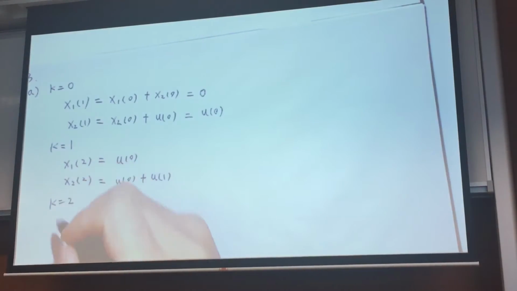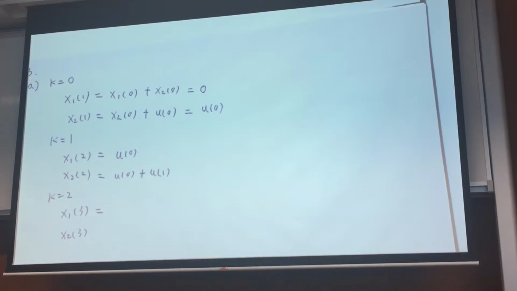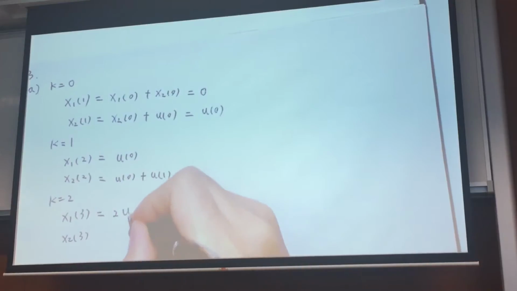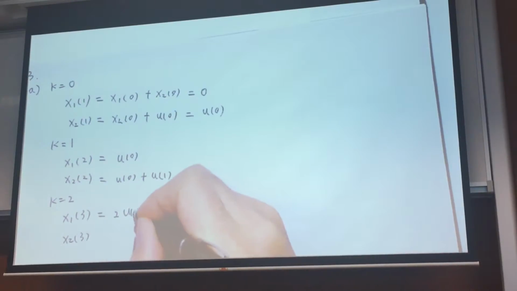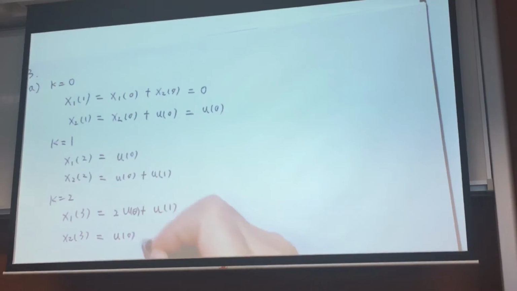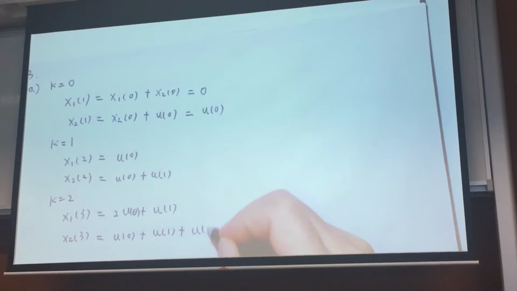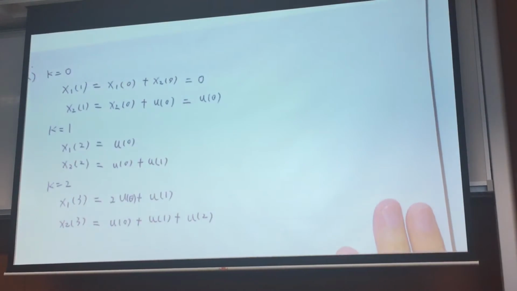For k equal to 2, you get x1,3 and x2,3. So x1,3 equals 2u0 plus u1, and x2,3 is equal to u0 plus u1 plus u2.